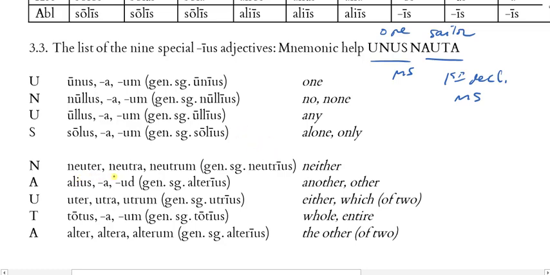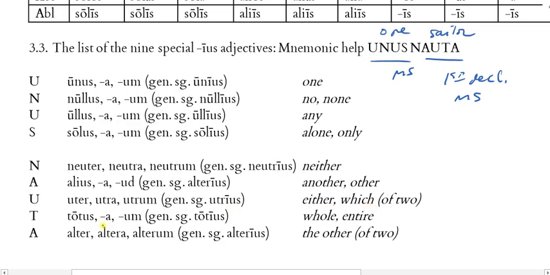Neuter, neutra, neutrum. And our genitive singular, neutrius, neither. Alius, alia, aliud. And our genitive singular, alterius, another or other. Uter, utra, utrum. Genitive singular, utrius, either or which of two.